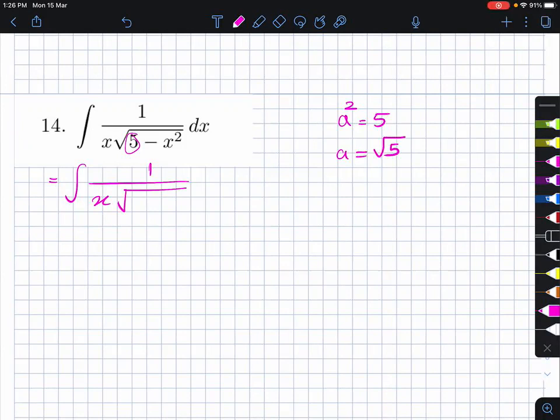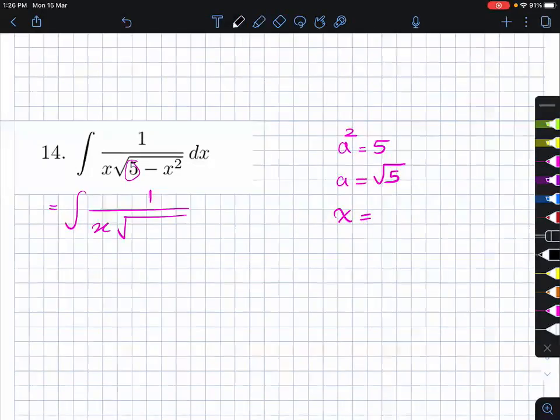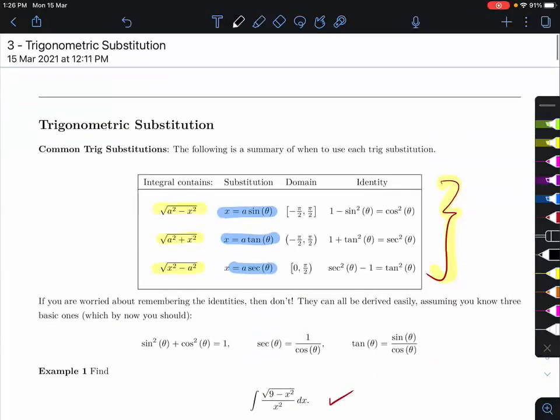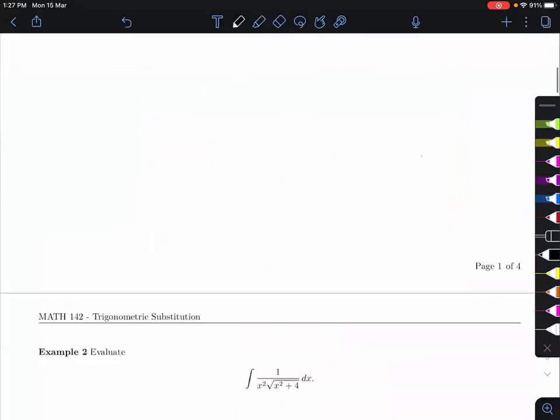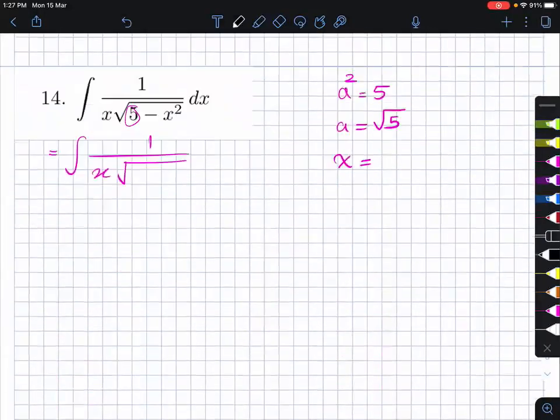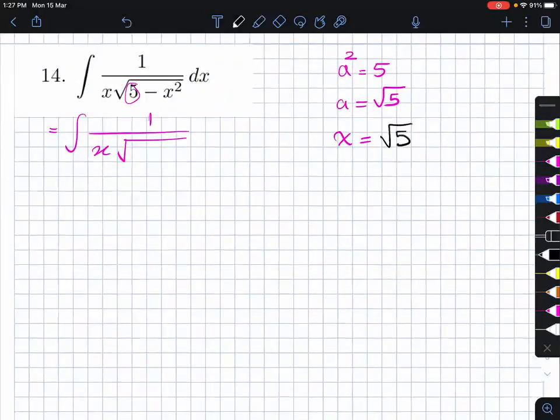So we use x as we said: in this case you have a squared minus x squared, from the table, a squared minus, the sine. So x equals root 5, which is a, multiplied by sine theta.